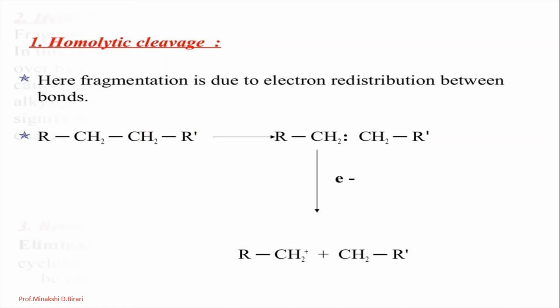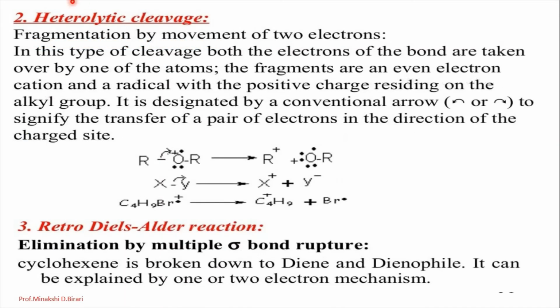Now the next one, heterolytic cleavage. Here the fragmentation occurs by movement of two electrons. In this type of cleavage, both the electrons of the bond are taken over by one of the atoms. The fragments are an even electron cation and a radical, with the positive charge residing on the alkyl group.